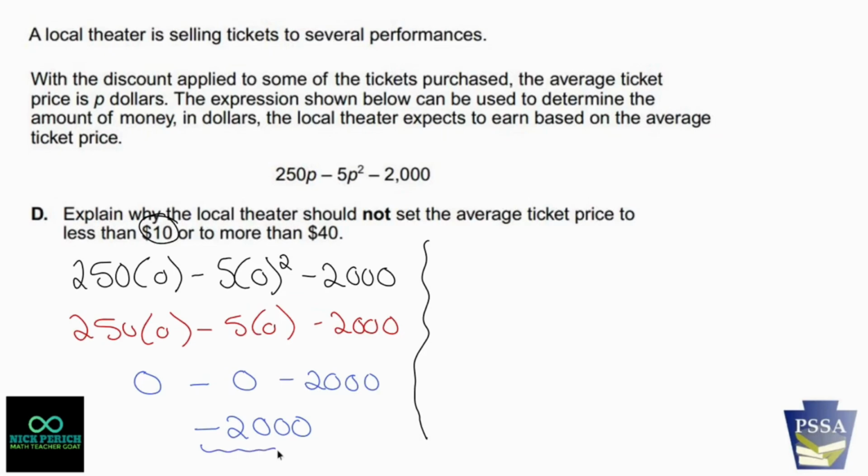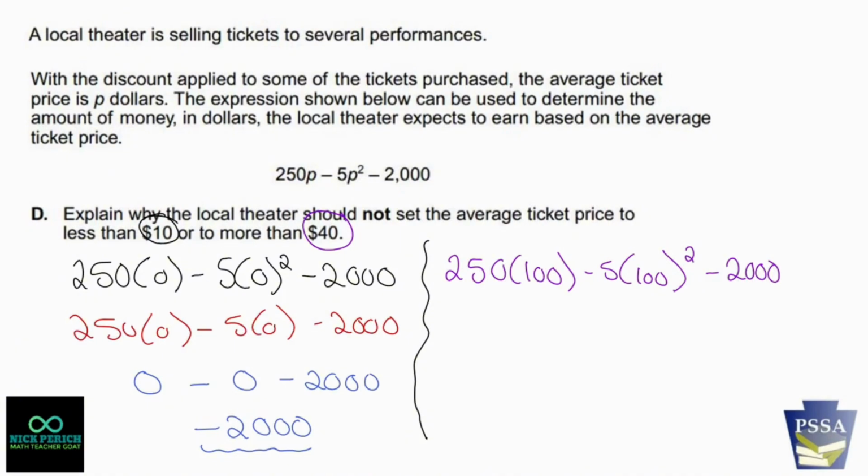All right, let's hold on to that number right there. This last part says more than $40. So we're going to do the same thing, but pick a nice number like 100 and plug in 100. So 250 times 100 minus 5 times 100 to the second power minus 2,000.